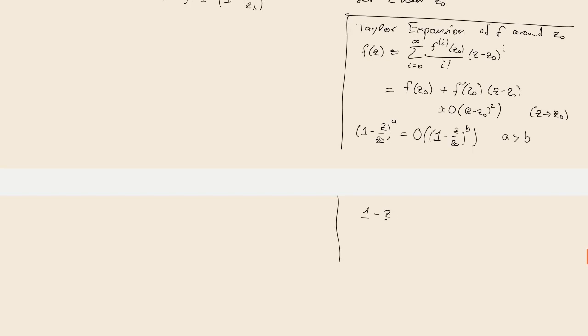To prove this, we just take the quotient. This is 1 minus c over c0 to the a minus b. Now this is larger than 0. So that means if you insert here z0, you get 1. Take minus, then it's 0. And 0 to something positive is fine. That's just 0.